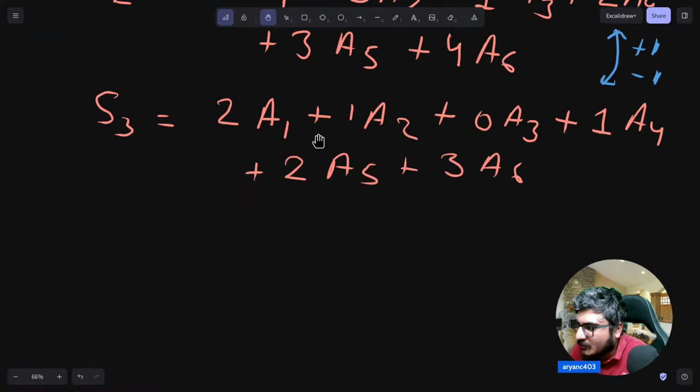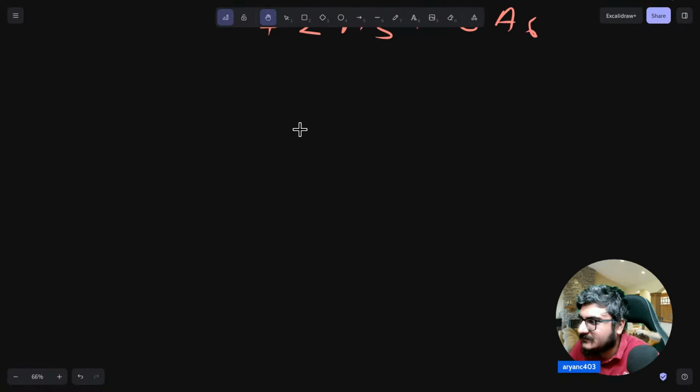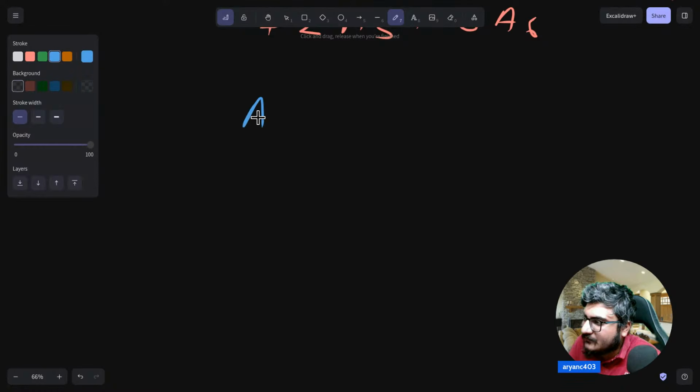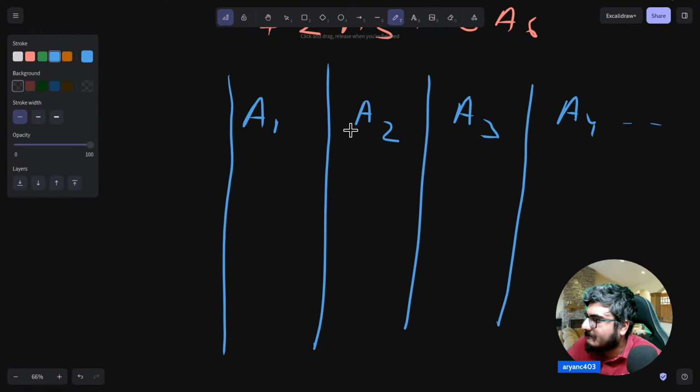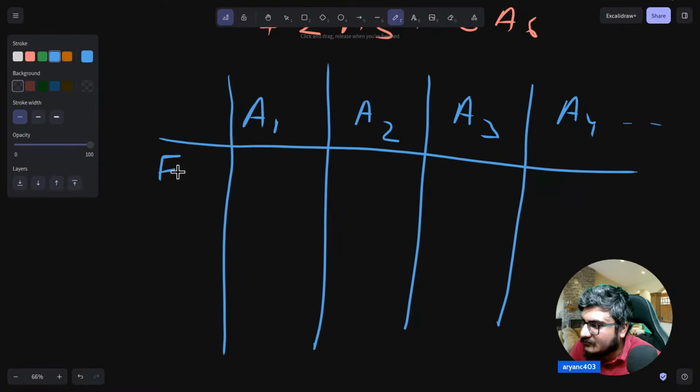Or if I have to fill in a table like this, coefficient of a1, coefficient of a2, a3, a4 and so on. In F1, it's 0, 1, 2, 3 and so on.